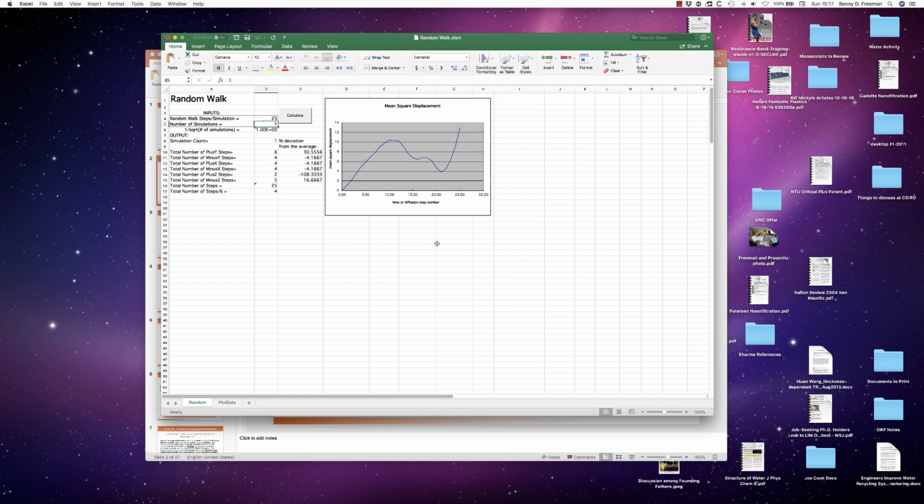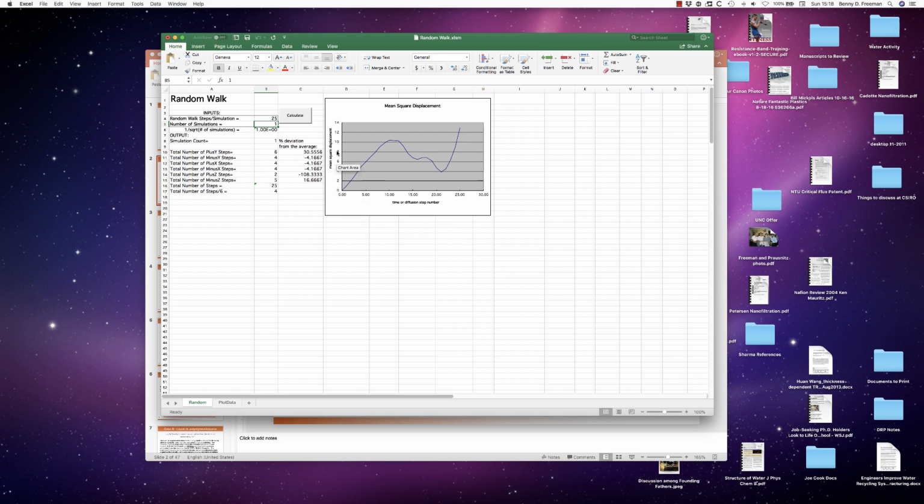And the Einstein relation would predict that averaged over enough particles, that is enough number of simulations, this relationship would be perfectly linear. That is, the mean square displacement would go linear with time, or equivalently, the distance away from the origin that the particle gets goes with the square root of time.